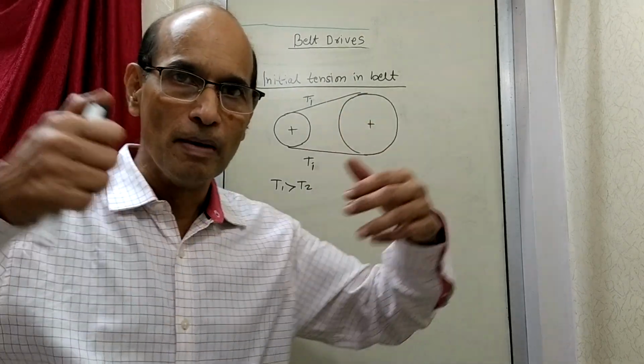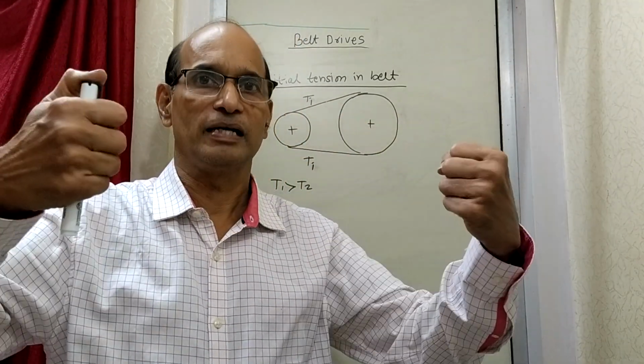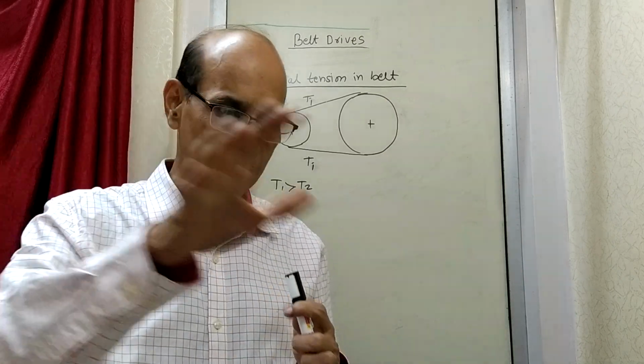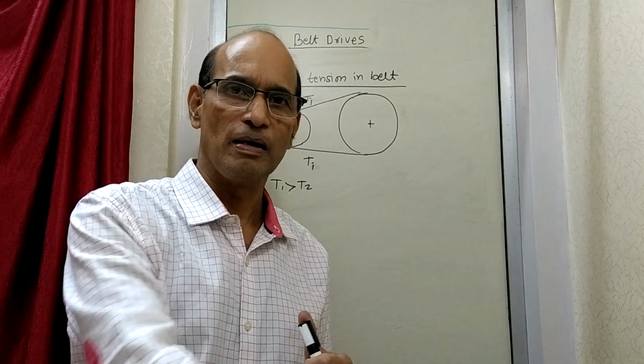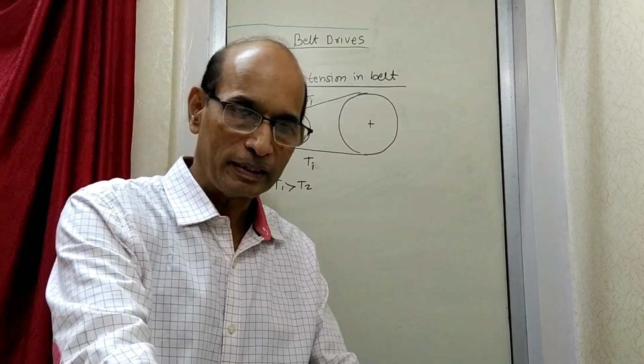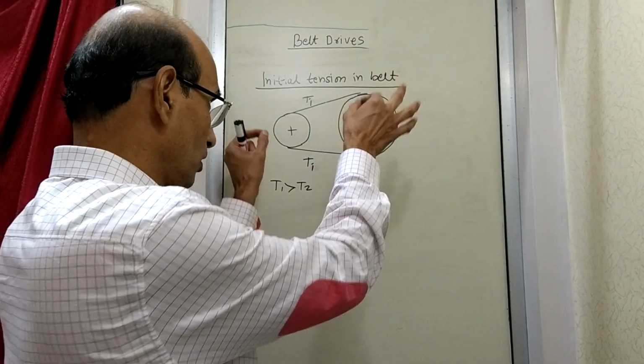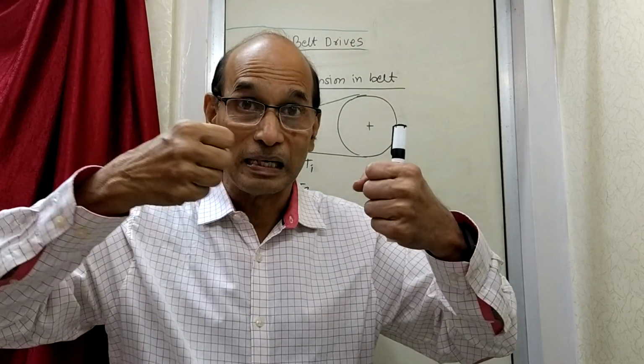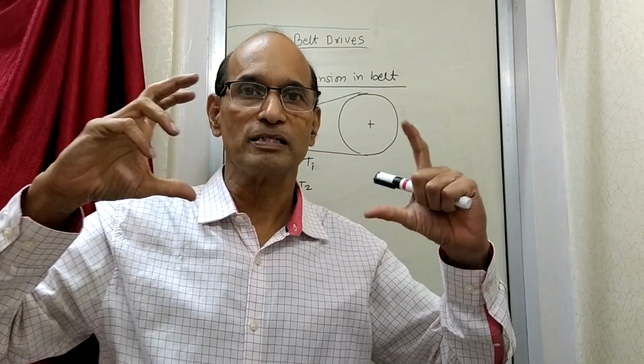See, when you have to put the belt, you have to slightly stretch it and then you put it. Suppose the belt is lying on the table, just a belt lying on the table, there is no pulley. That time there is no tension. But when you take that belt and put it on the pulley, you have to slightly stretch it and then it fits on the pulley.